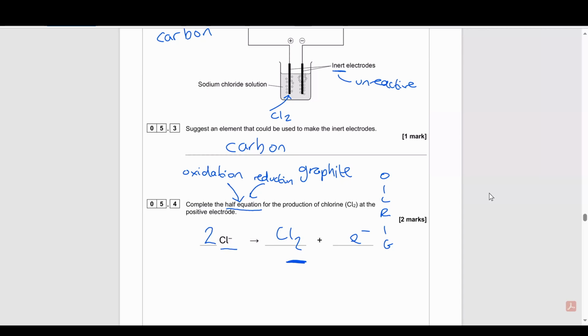However, because we put a 2 in front of this chloride, what that essentially means is that we have 2 atoms with 2 electrons. So we would need to then show that 2 electrons have been lost from these chlorine atoms, and that is by putting a 2 in front of the electrons.